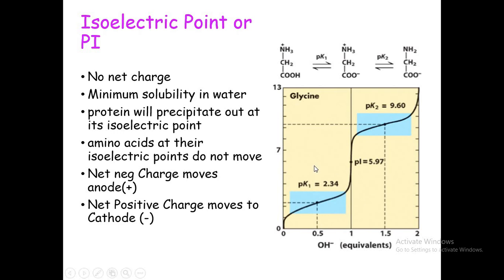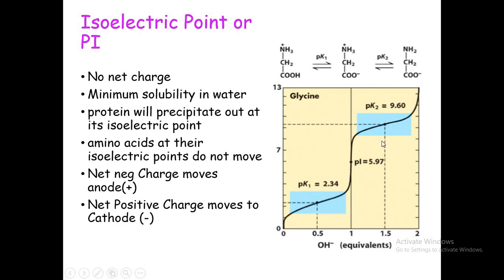We put this protein in a solution, and when the pH of the solution is acidic, the protein would have a positive charge. The protein has a positive charge at a pH that is lower than pI.